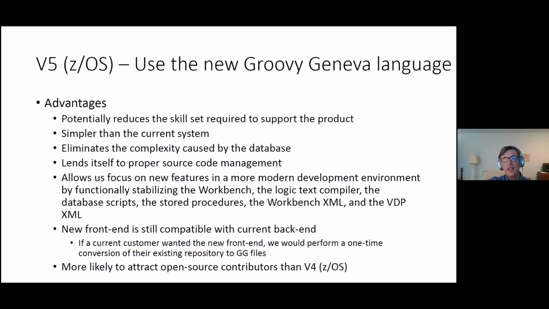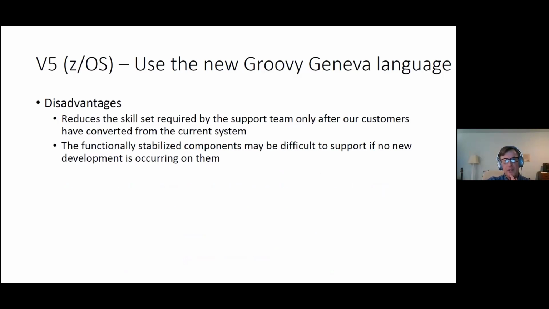So we think that's a better model to build for the future on, rather than taking our existing Workbench database model. So that's where we're headed with that. Anyway, the disadvantage is that, yes, maybe we'll get rid of the C++ programs in this process, but we'll still have to continue to maintain them for the existing clients. So we can't divorce ourselves from that immediately.